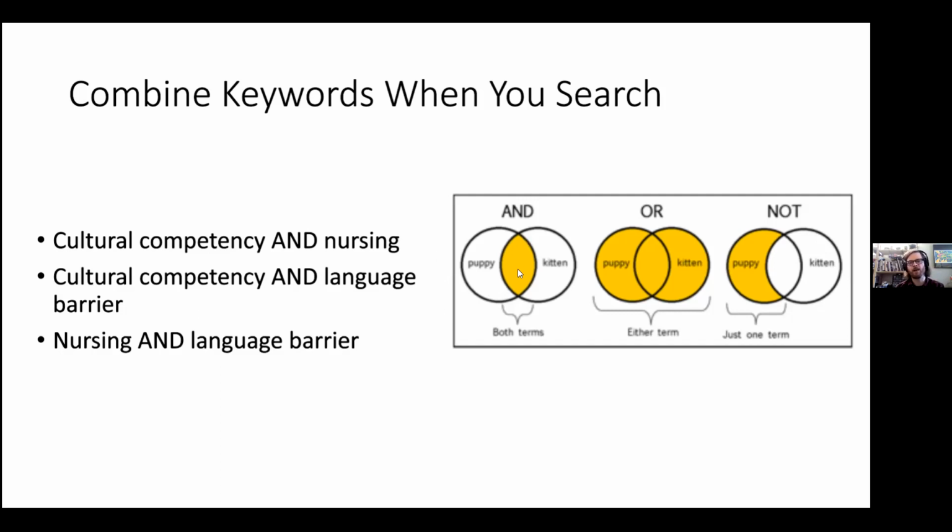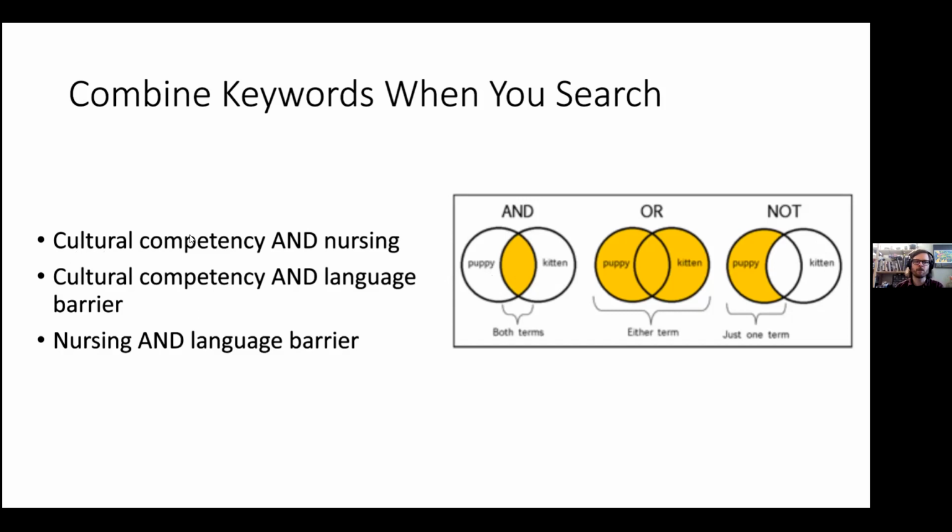To put it in a diagram, it's sort of like this Venn diagram. They do puppies and kittens for this one. If you search a database for puppies, you get one set of results. If you search for kittens, you get another. But if you search for puppies and kittens, you're only going to get the articles that talk about both those topics.